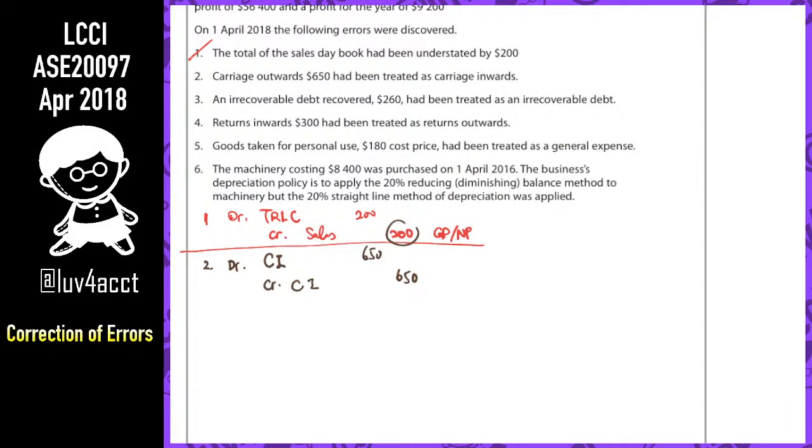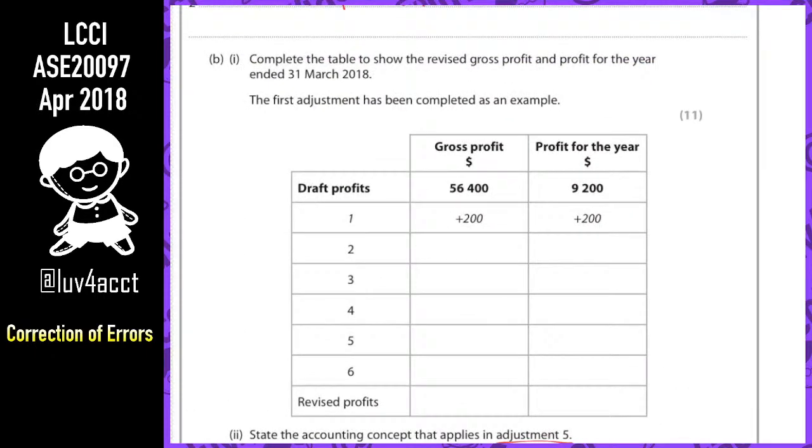Carriage in, you should credit, so gross profit is increased by 650, and no change in net profit.